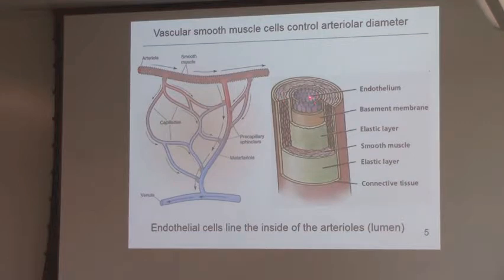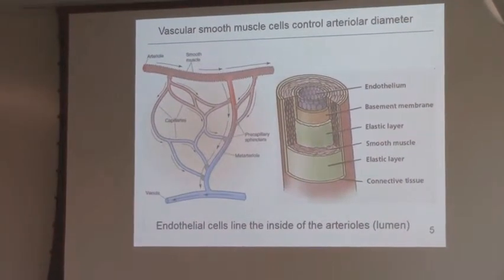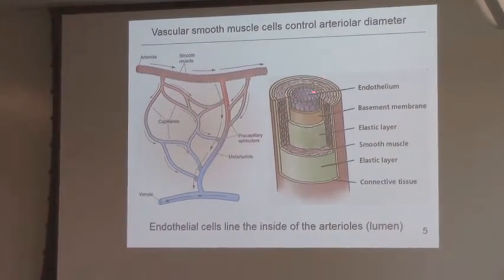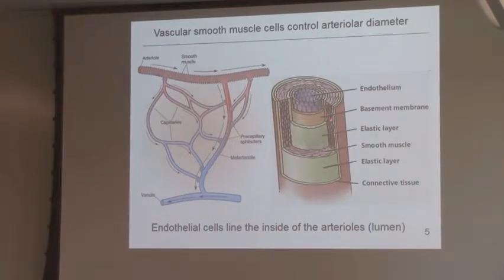It's got an endothelium, it's got some elastic membrane, I'm not going to ask you to memorize these names. These names were not on your anatomy coloring book list, so this is just information. The point is there's an inner layer, and then there is a smooth muscle layer. This relatively thick layer is a layer of smooth muscle, and that's what controls the diameter of this arteriole. And there's some other connective tissue layers around it.